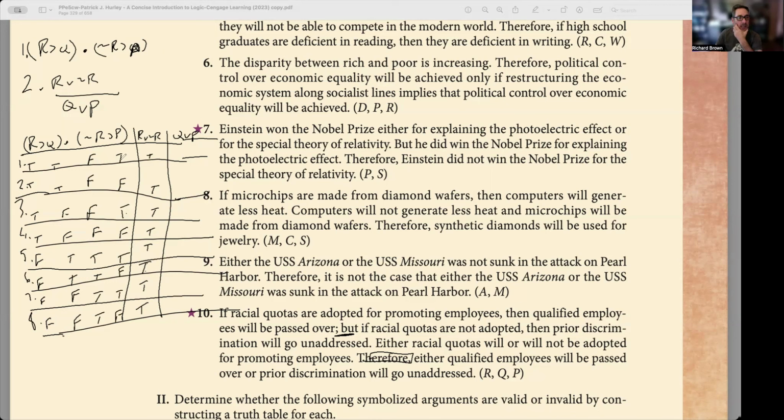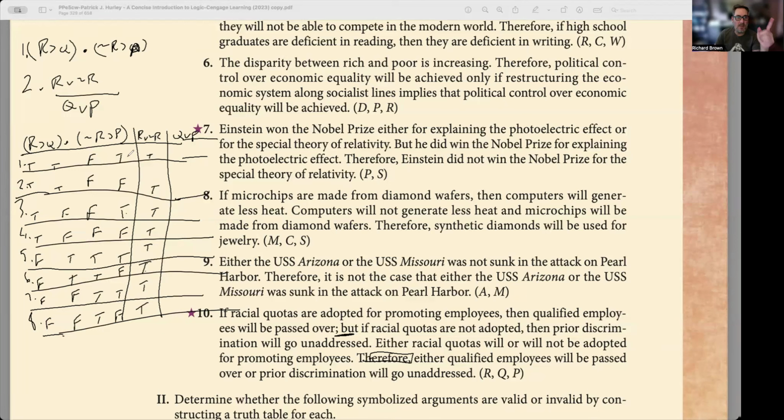Okay, good. So it's still going to be the case, if you think about this, that when you have tilde R and R, so true, false, true, false, true, false, true, false, false, true, false, true, false, true, all of those are still going to be true with the wedge. So that's not going to change anything.